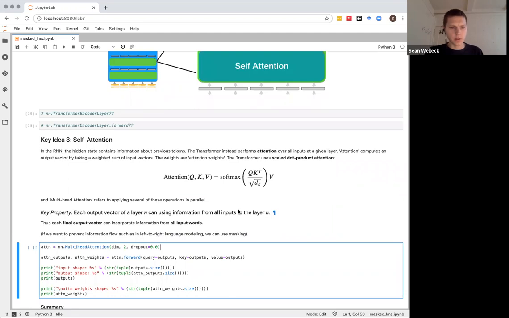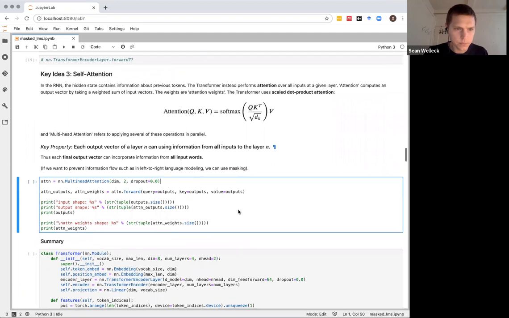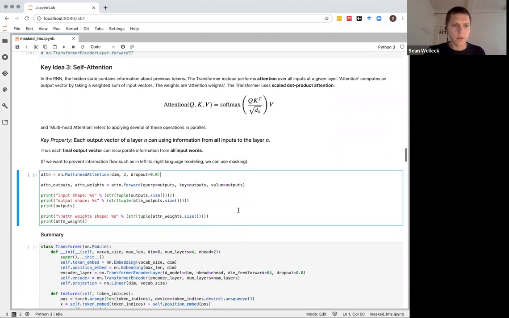Okay, so this is just showing in PyTorch how it's implemented. They have this multi-head attention class, and you give it some dimension and some number of heads.